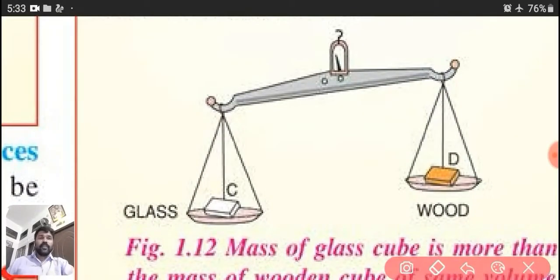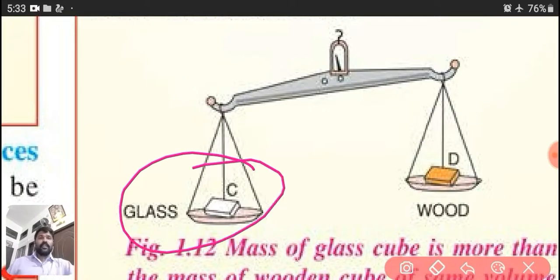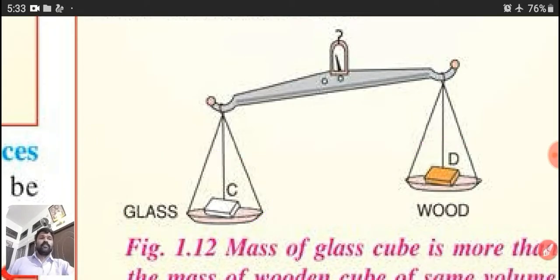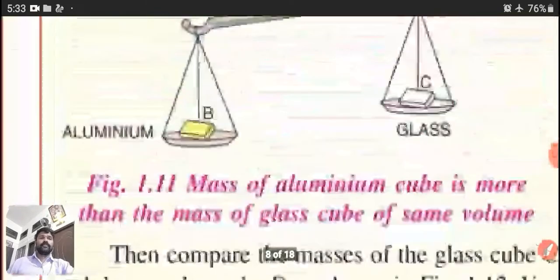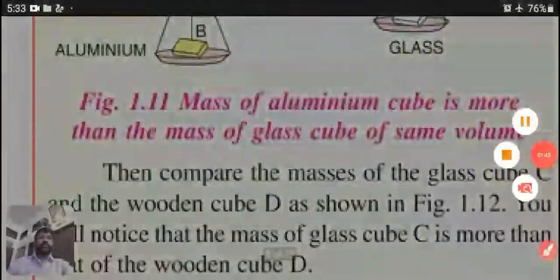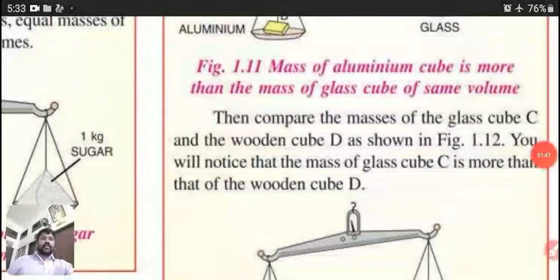In one pan there is the glass cube, in the other the wooden cube. You will notice that the mass of glass cube C is more than that of the wooden cube D.